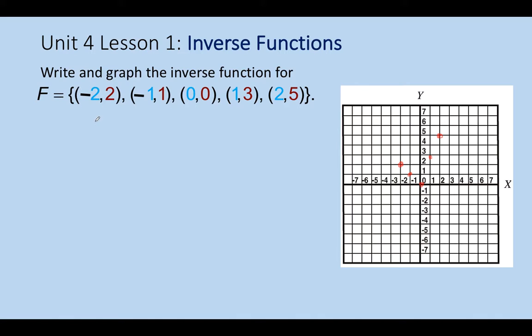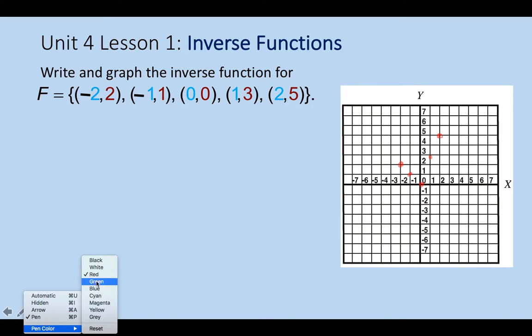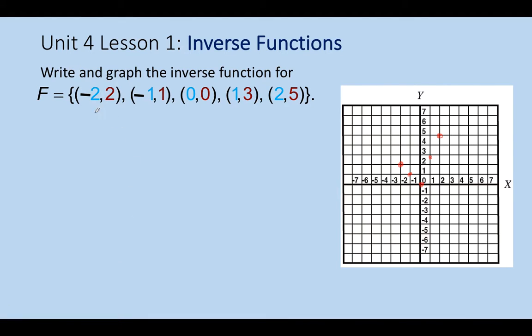But when I write the inverse function, I'll do this in a different color here. All you need to do, and the whole point of this problem, is that you just switch the x and the y.